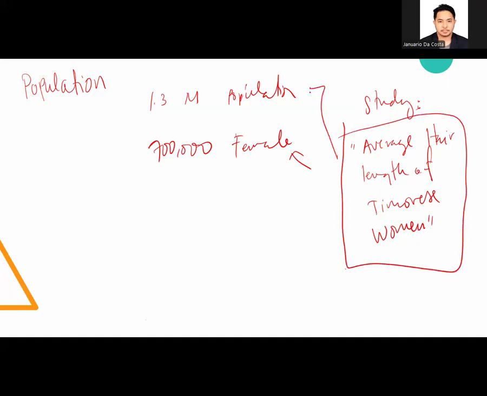Is that 1.3 million or 700,000? 700,000.